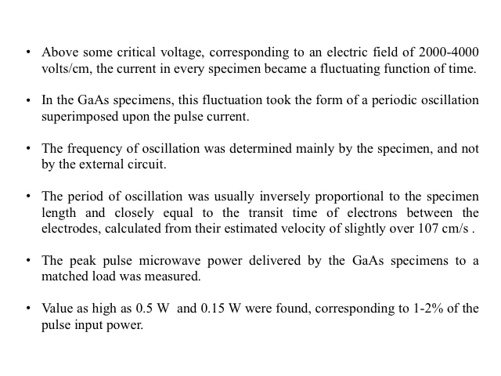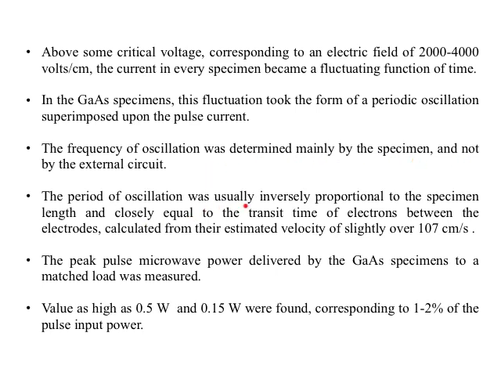Let me repeat the analysis again. Above a critical voltage corresponding to an electric field of 2000 to 4000 volts per centimeter, the current in every specimen became a fluctuating function of time. In the gallium arsenide specimen, this fluctuation took the form of a periodic oscillation superimposed upon the pulse current. The frequency of oscillation was determined mainly by the specimen and not by the external circuit.